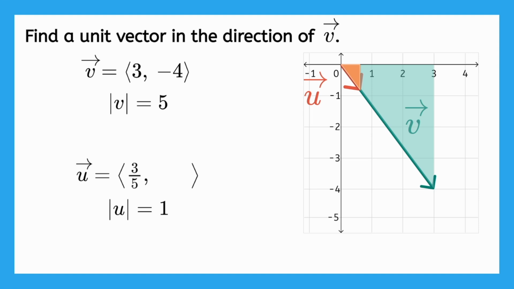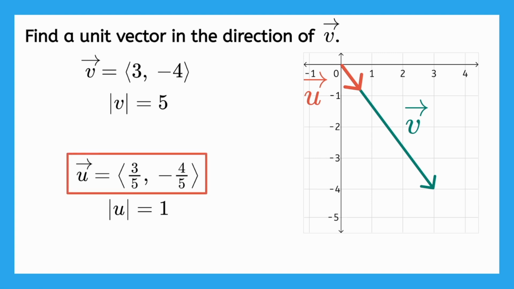The vertical leg will also be 1/5 as long, so the vertical component is -4/5. Our new unit vector will have the component form 3/5, -4/5. Before moving on, I encourage you to use your guided notes to verify for yourself that the magnitude of vector u is indeed 1.